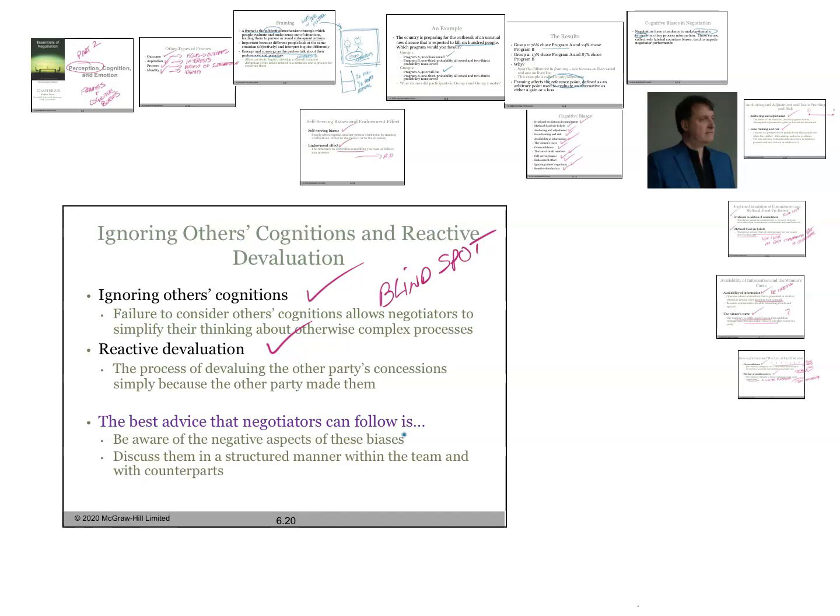This is simply devaluing the other party's concessions, the things they contribute to the negotiation, where they give in, where they contribute to the agreement, simply because the other party made them or offered them. So again, we need to be able to see beyond our own mental fence, outside of our filter, and take into account how, when it comes to reactive devaluation, we can demonstrate a better understanding and a more communicated valuing of our opponent's contributions to the negotiation.